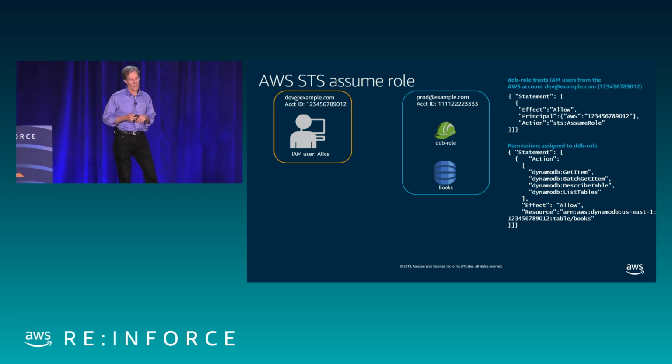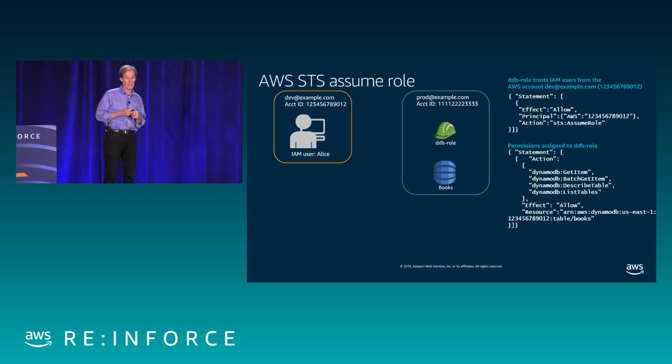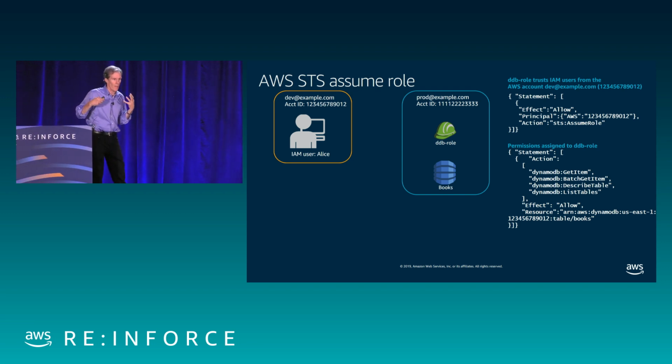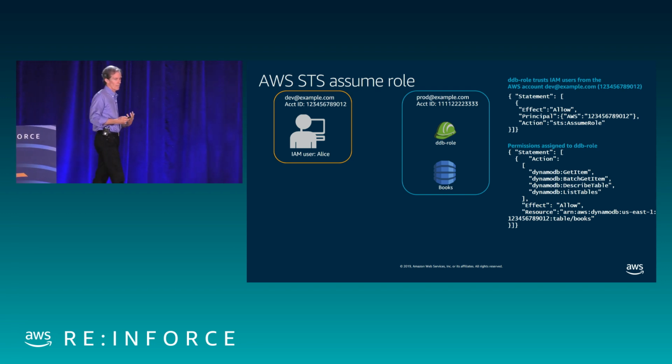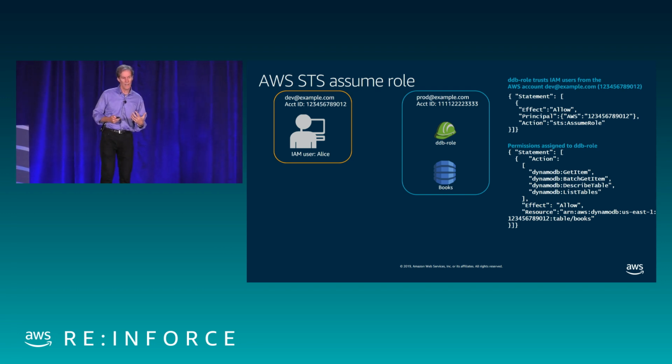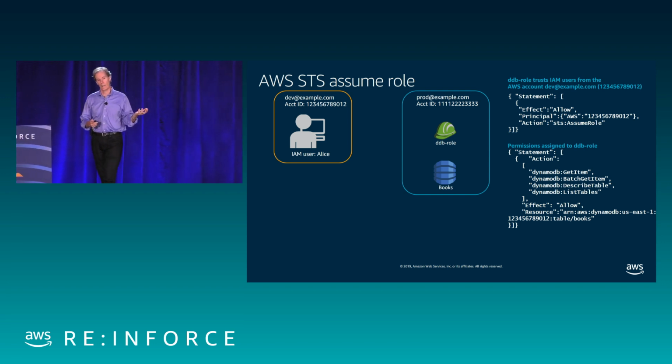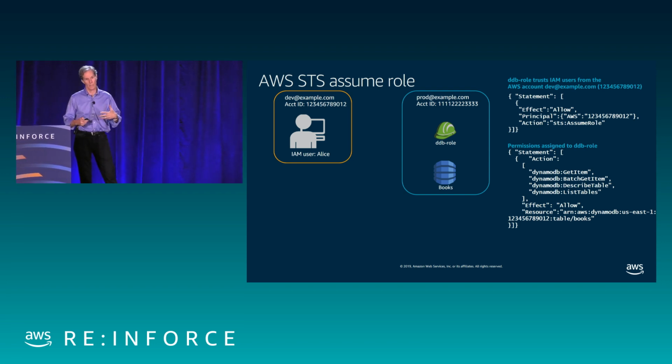So in this case, the trusting account is explicitly saying persons who do that can do these basic read-only activities on DynamoDB, and it's very restricted to a particular table in DynamoDB that's about books. So with that, they've opened themselves up in a very explicit way to allowing account A to come into account B and do those things.